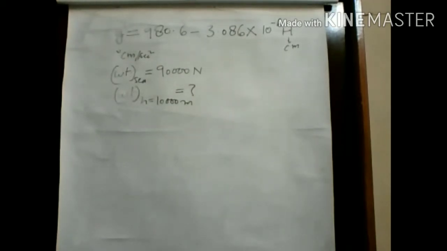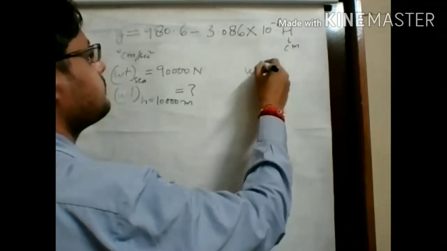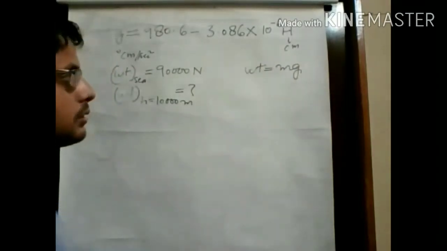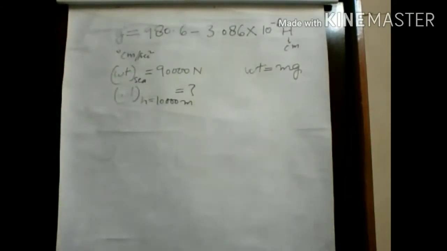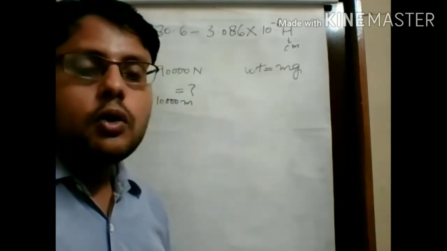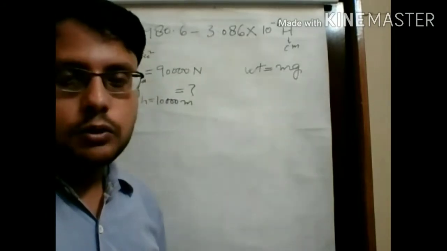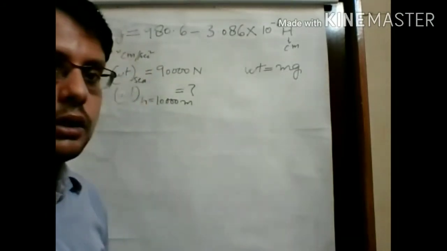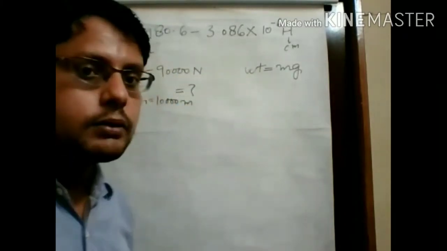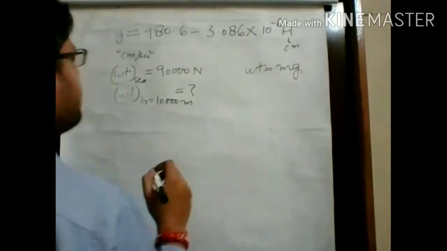Okay. So as we all know, weight is defined as m into g. So first you have to calculate the mass of that aeroplane. You have to calculate this value first. See that weight is defined as m into g.